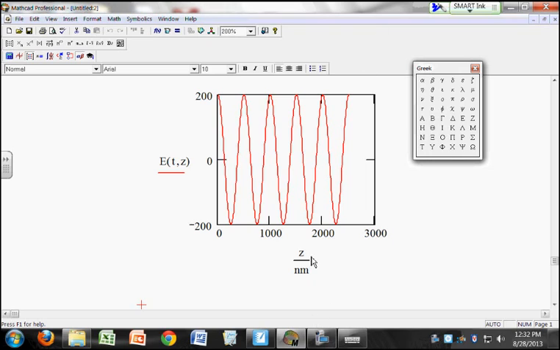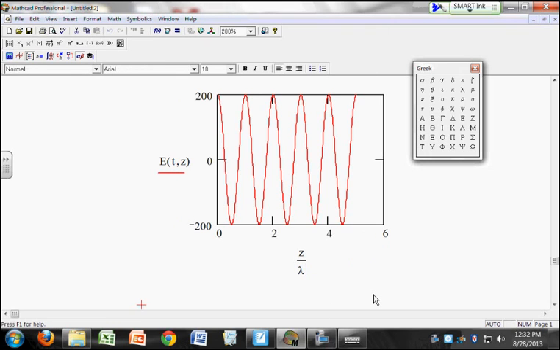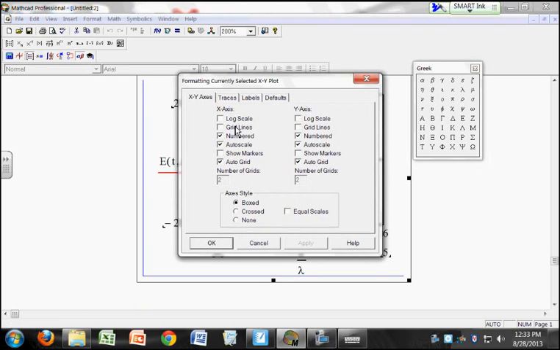So let me plot this instead in terms of lambda. Okay, so let me format my graph so that I have 5 grid lines on my x-axis.